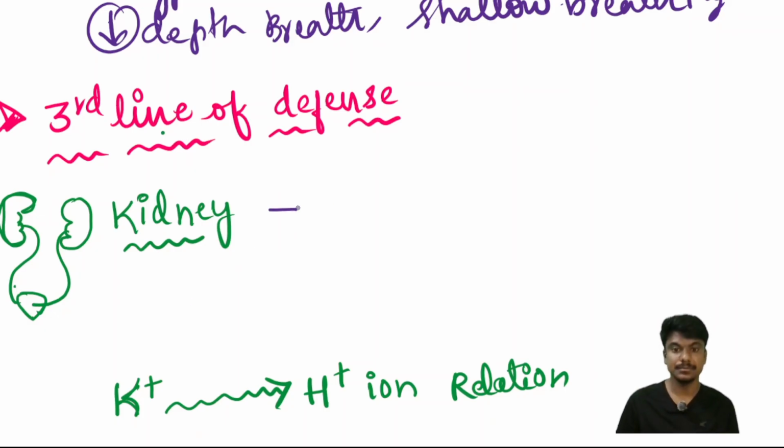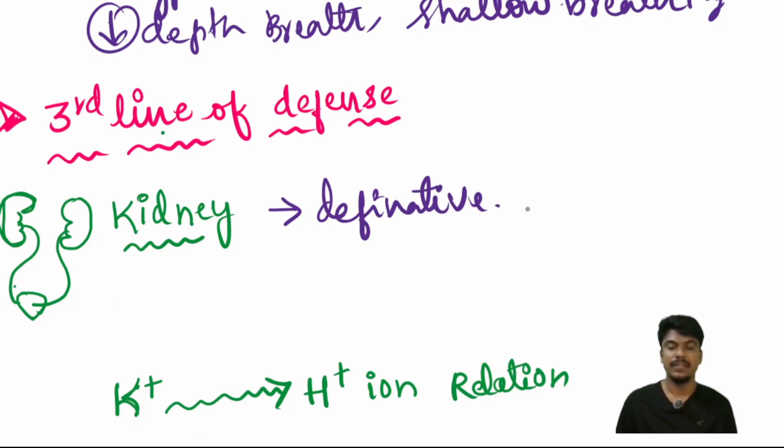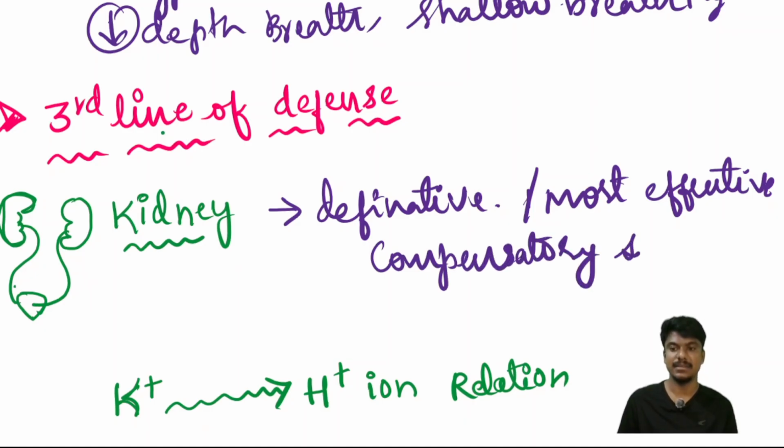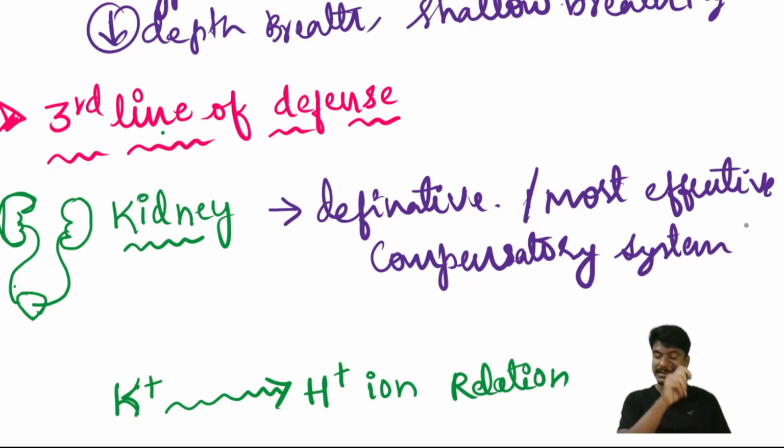The kidney is a definitive system, the most effective compensatory system in the body. So we'll see how the kidney is going to regulate the H plus ion.